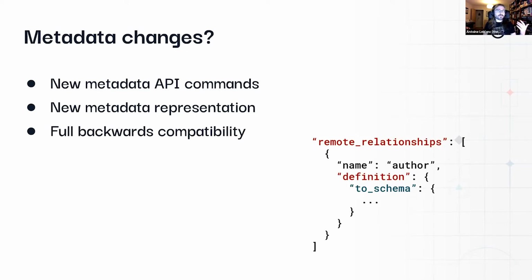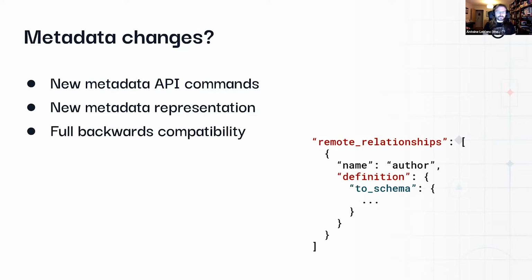And we will go even a step further when exporting the metadata or saving the metadata. If we detect that one such source to remote schema relationship was parsed from the old format, we will still write it with this old format, which means your metadata will remain compatible with previous versions of the engine.